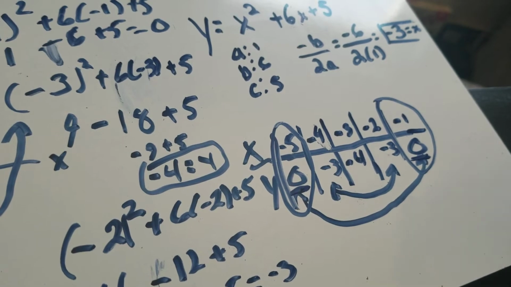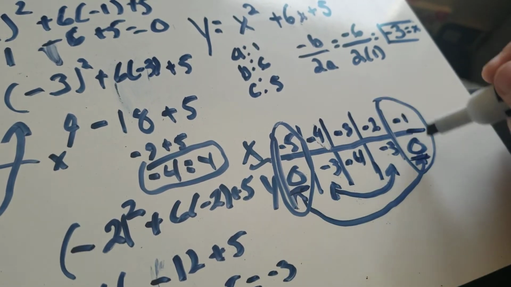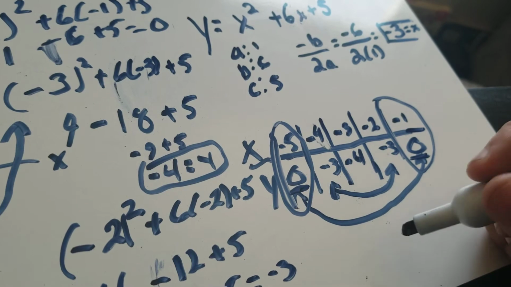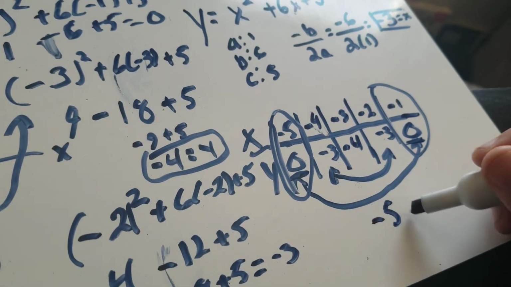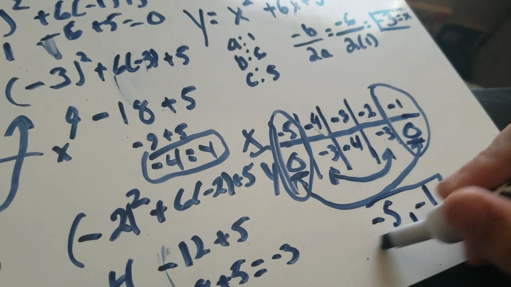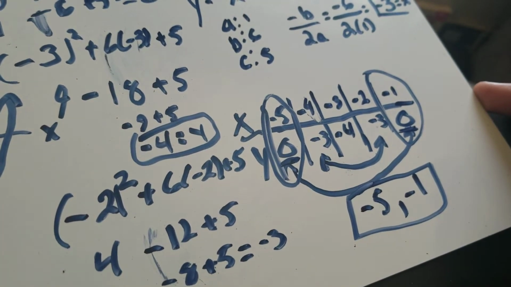In this question, y equals 0 at -5 and -1, and those are your solutions.